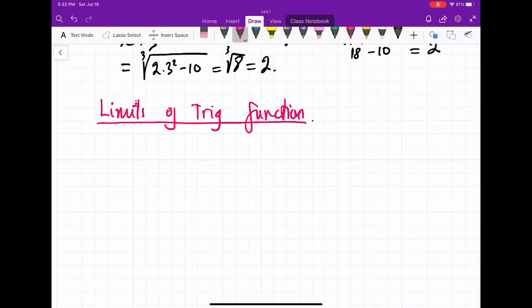I remember when I taught pre-calculus trig functions, I think it is very interesting in the sense that it's difficult if you want to teach it in a difficult way, but it is easy if you want to teach it easily. So it really depends. The limit of trig functions is almost the same.